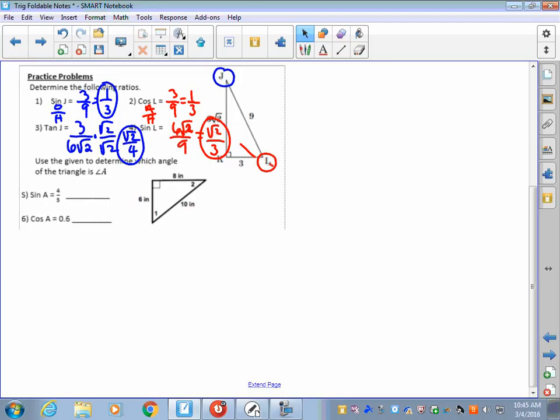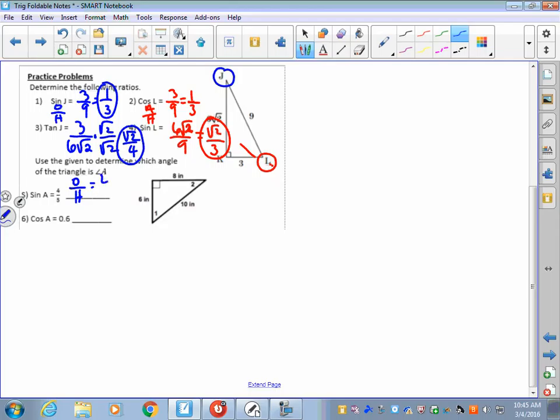It says, use the given to determine which angle of the triangle is angle A. So the angle that we're trying to determine, is it 1 or is it 2? Well, how do you know? Because it says the sine of A is 4/5. But what's the sine ratio always? Opposite over hypotenuse.